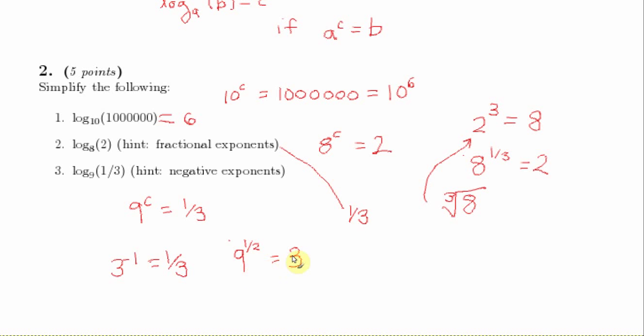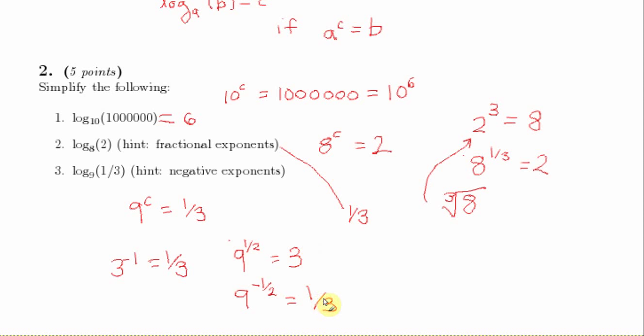So at this stage, I can transform this into this kind of thing if I raise both sides of this equal sign to the -1 power. So that gives me 9 to the -1/2 is equal to 1/3. Because over here what I did was raise both sides to the -1, right?